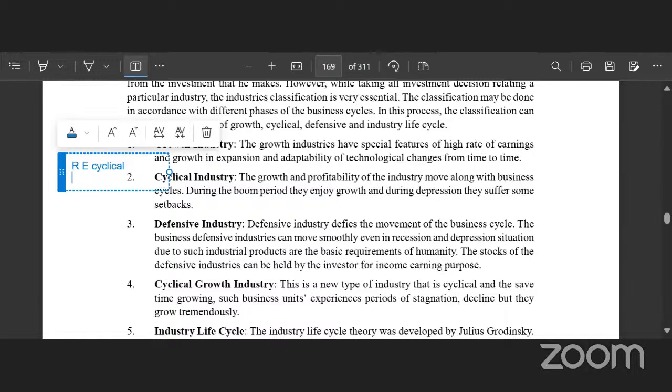Cement and steel are also generally considered cyclical. What it means is that for the companies which fall under cyclical industries, their growth and profitability depend on the business cycles. If the business cycle is in booming condition, the growth of these industries will be good. If the business cycle is in a bad phase, then the growth of these companies will not be good.